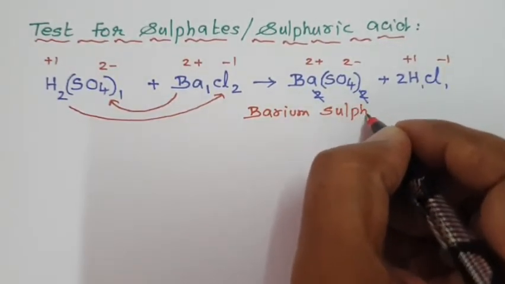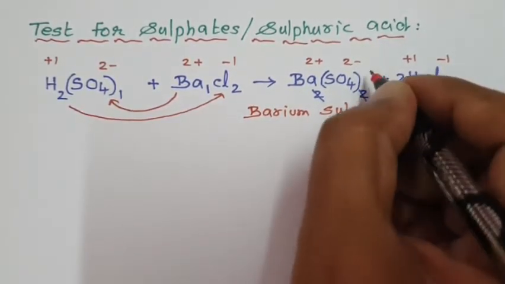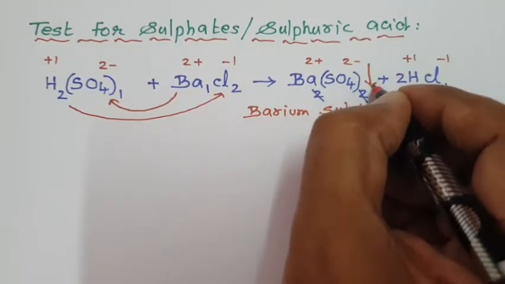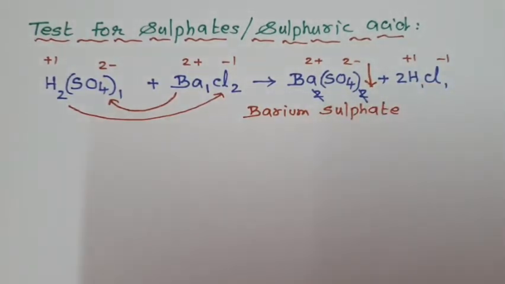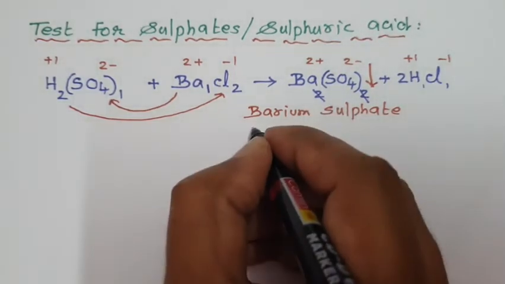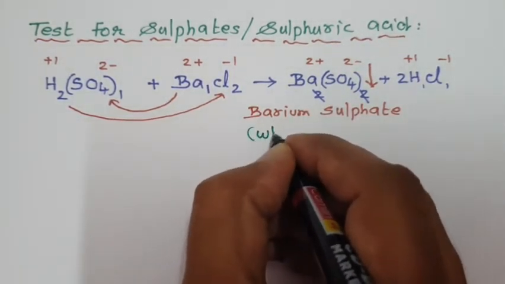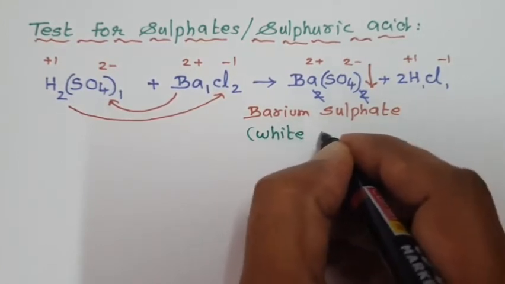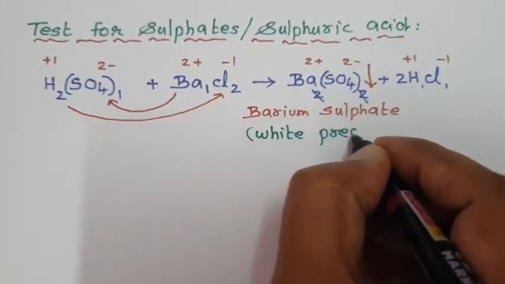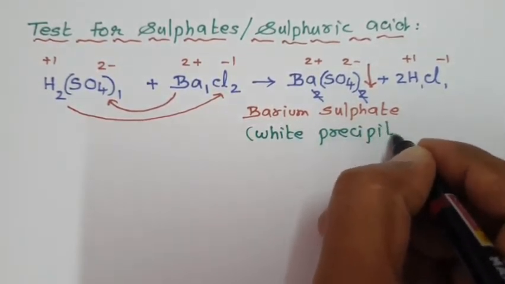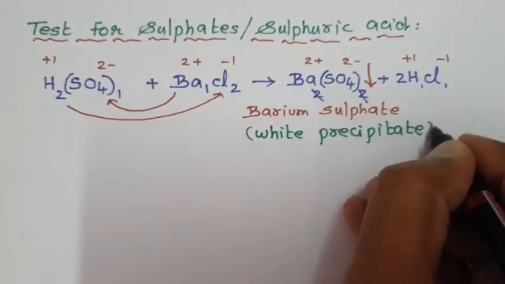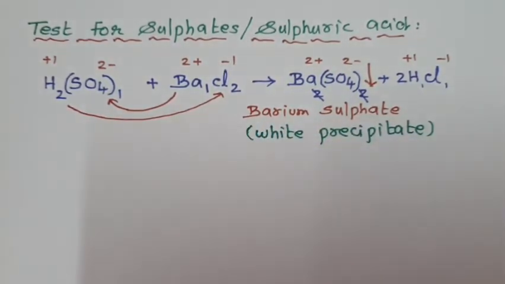Barium sulfate is a precipitate. It is indicated by a downward arrow mark. And what is the color of this precipitate? It is white in color. Therefore, a white precipitate is formed. A precipitate is water insoluble in nature. That is indicated by precipitate.